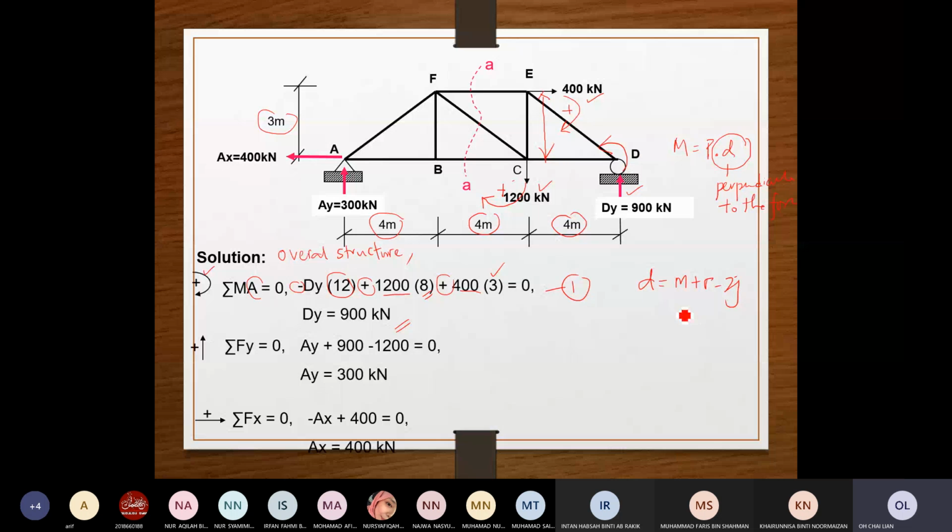So maybe we can have a very quick check. M will be the members. Now we have 1, 2, 3, 4, 5, 6, 7, and 8. We have 8 members, and we have 3 reactions, and we have joints 1, 2, 3, 4, 5, 6.